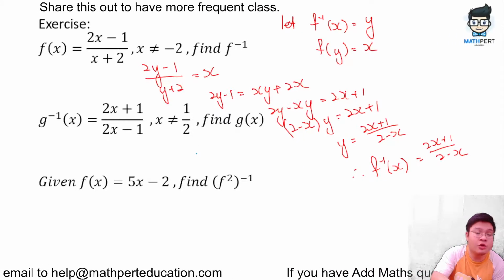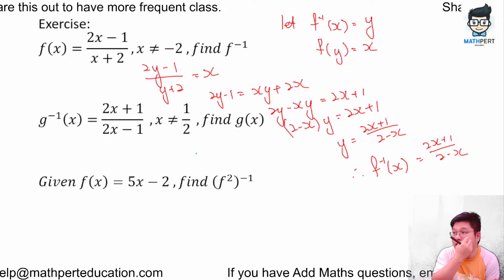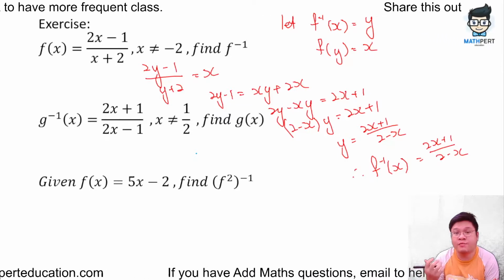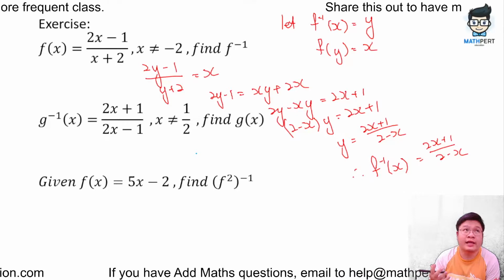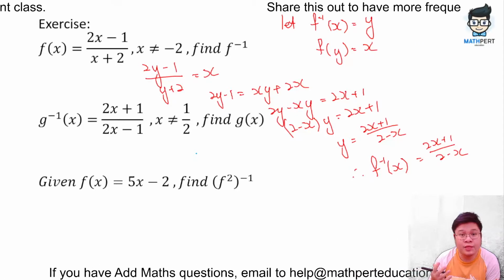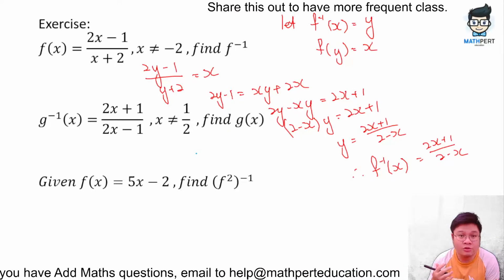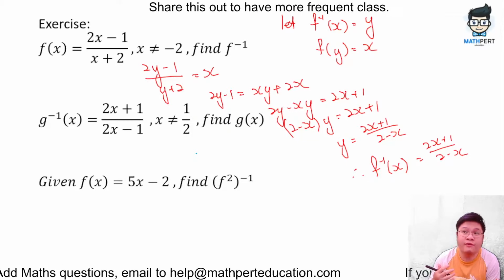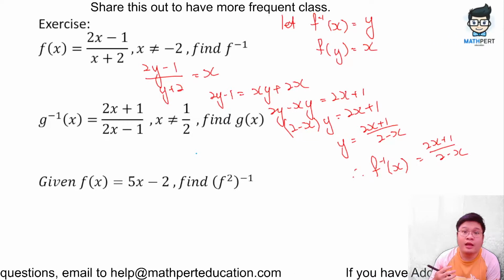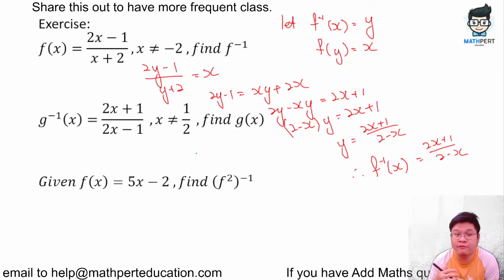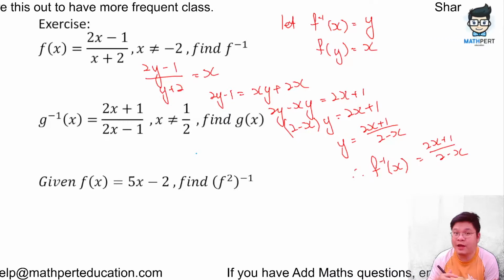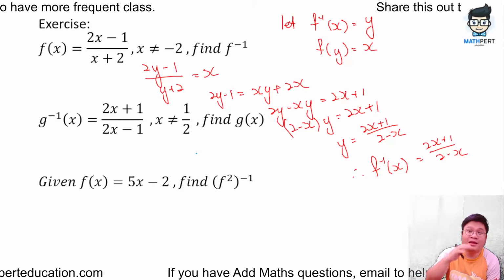The Ministry of Education of Malaysia has announced that next year, March, will be your SPM. Now it's June, so we have roughly 8 to 9 months to prepare. Have you started preparing?